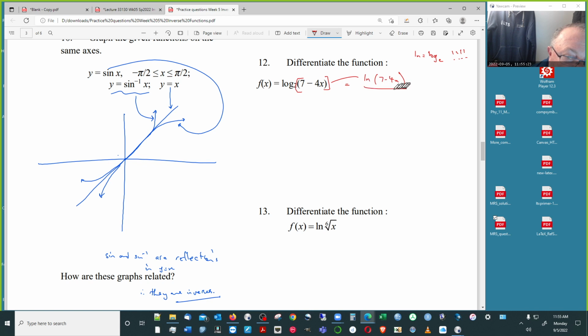Okay, so the change of base formula, and then you've got to take the log base 2 down the bottom, and so it becomes ln of 2. So this is the change of base formula. Okay, once you've done the change of base formula, then you can just do a quotient differentiation. Okay, and the rest is pretty much straightforward.